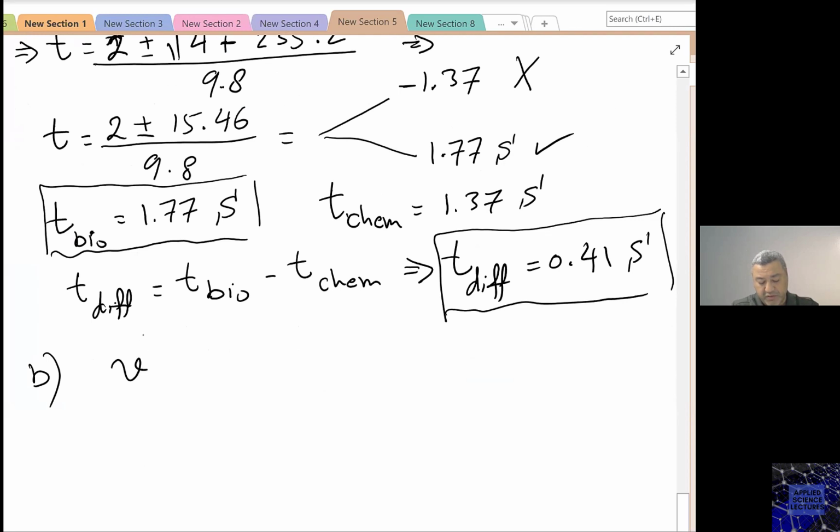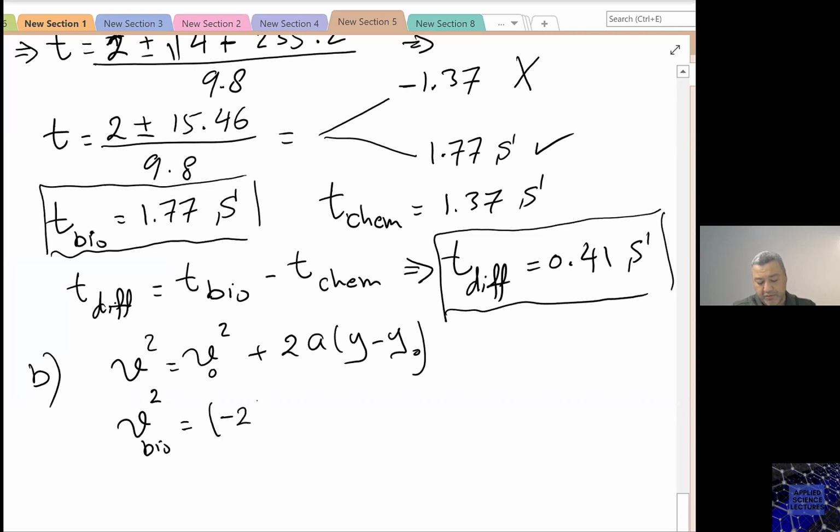Because v squared equals v naught squared plus 2a times y minus y naught. So if I calculate the bio, then the initial velocity for the bio is minus 2, squared, plus 2 times 9.8.